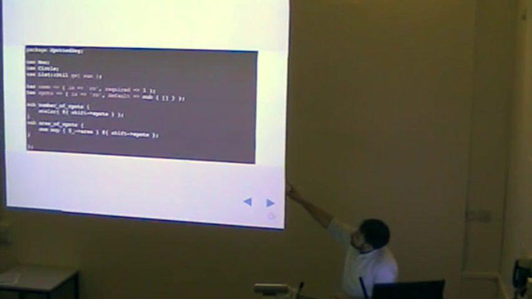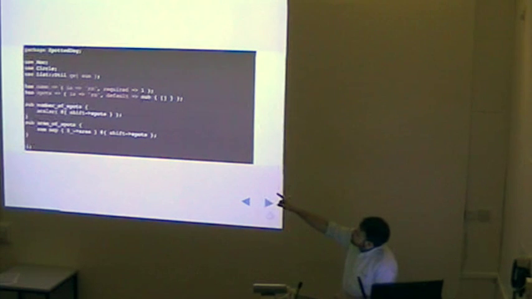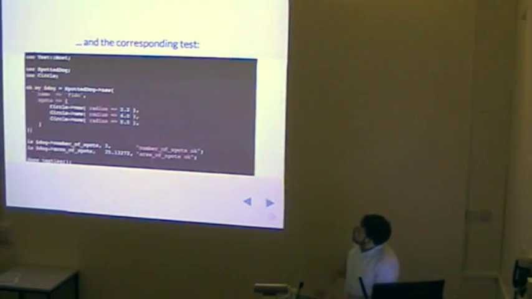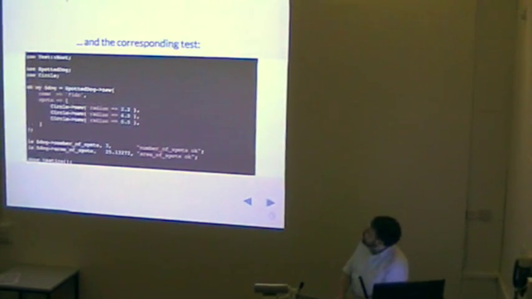We've got a dog class, and the spots on the dog are going to be defined as circles. So if we look at our corresponding unit test, we're using our unit that we've tested.